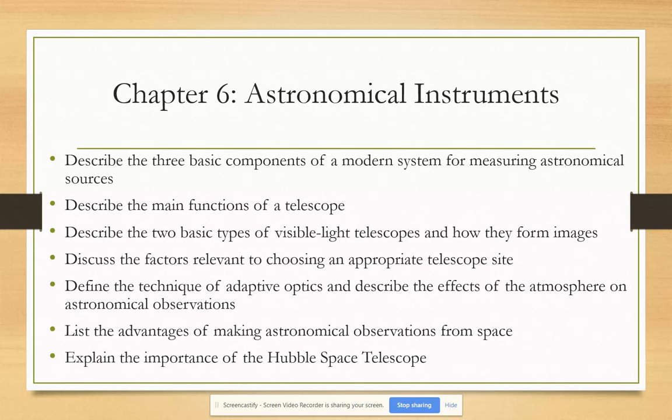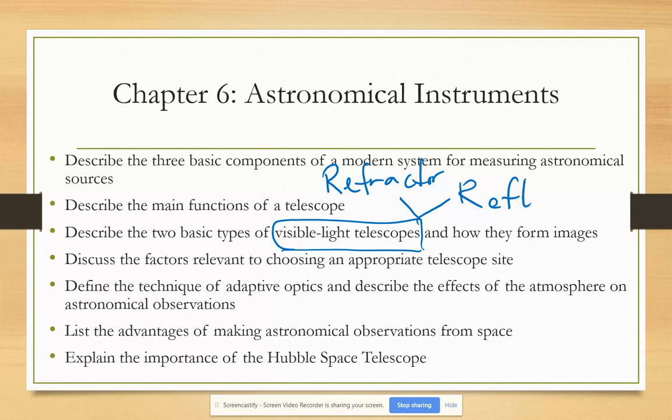2 basic types of visible light telescopes. I've alluded to them. What are the 2 basic types? Refractor and reflector.